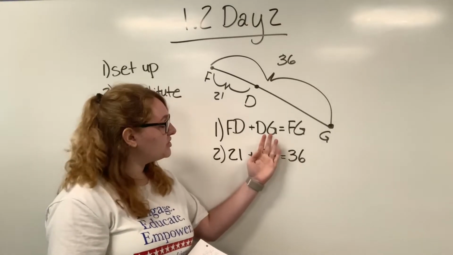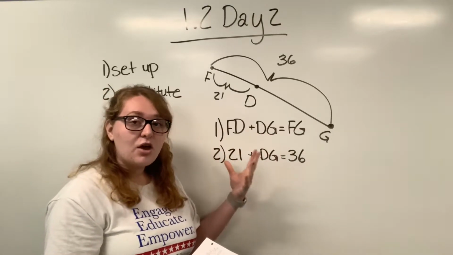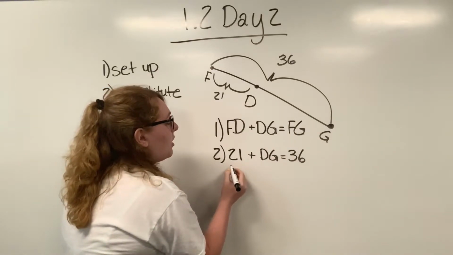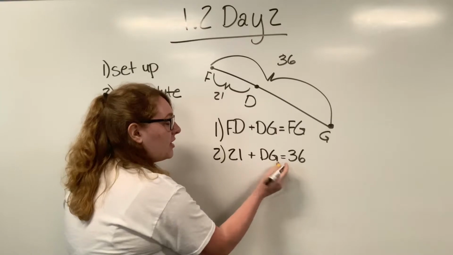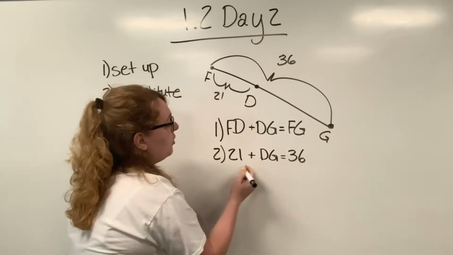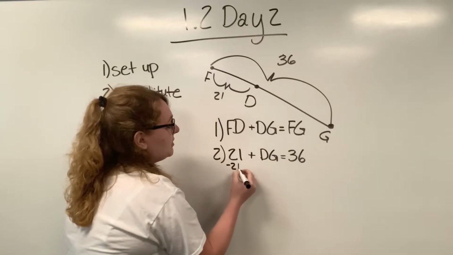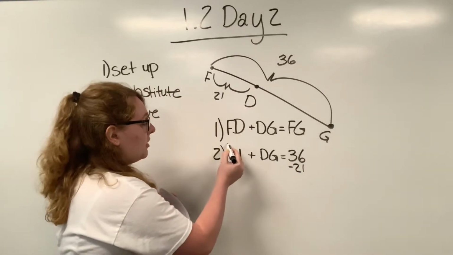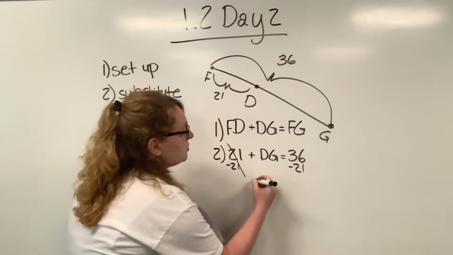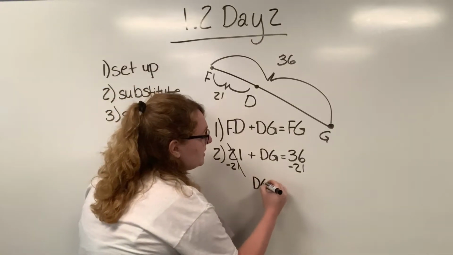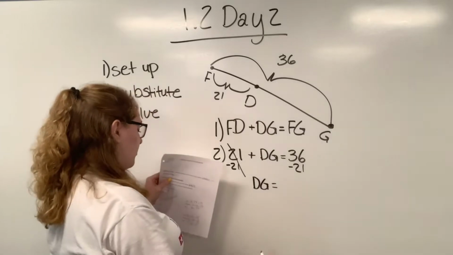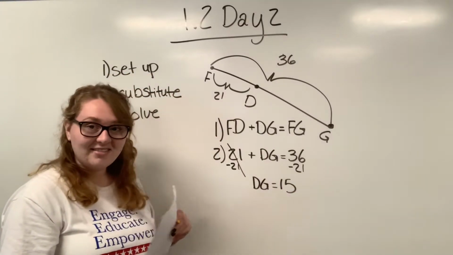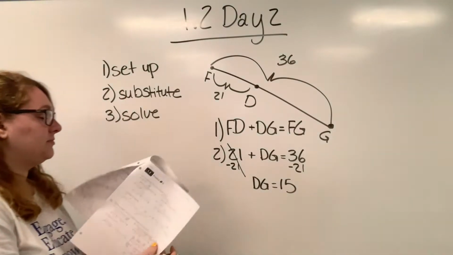If you take the DG out and imagine it's an X, we can solve it. So, since we want to get everything away from our variable, we have to subtract this positive 21 from both sides. These cancel, and so on this side we're left with a positive DG is equal to 15. Okay? Let's do some more examples.